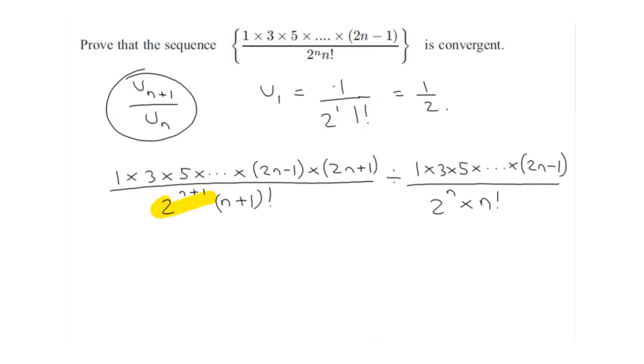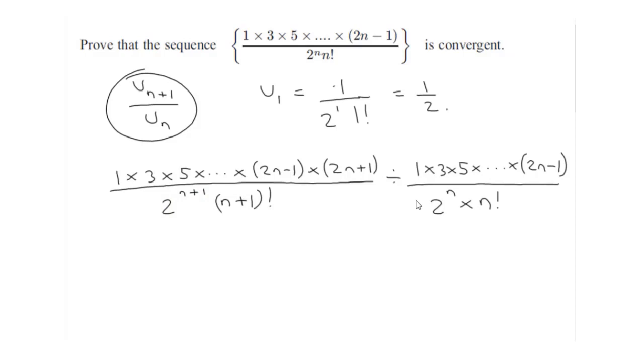This 2 to the n plus 1 will be written as 2 times 2 to the n, and the (n plus 1) factorial is the same as (n plus 1) times n factorial, and that's going to help us a lot, actually.